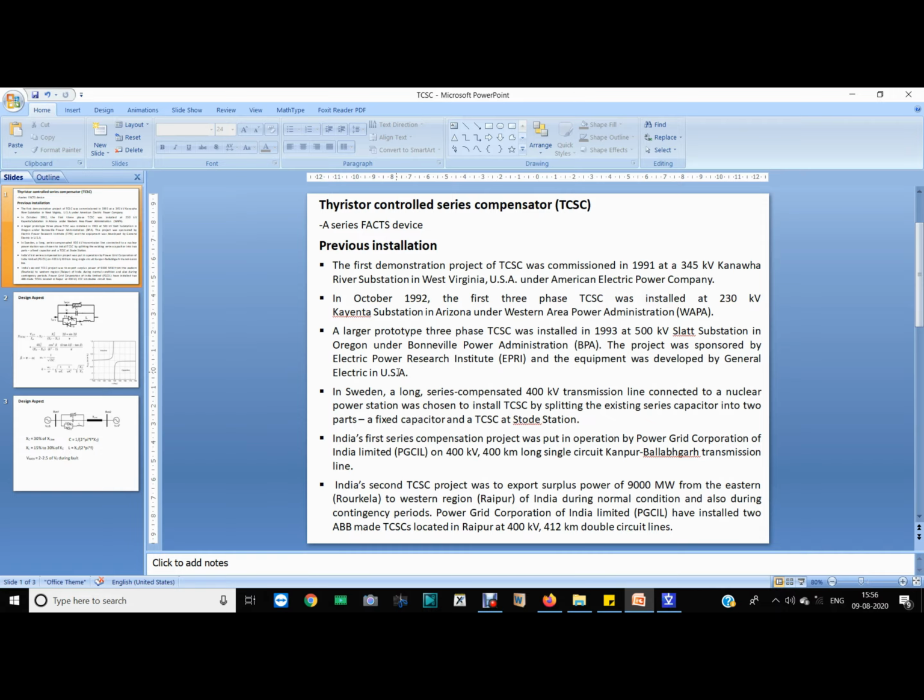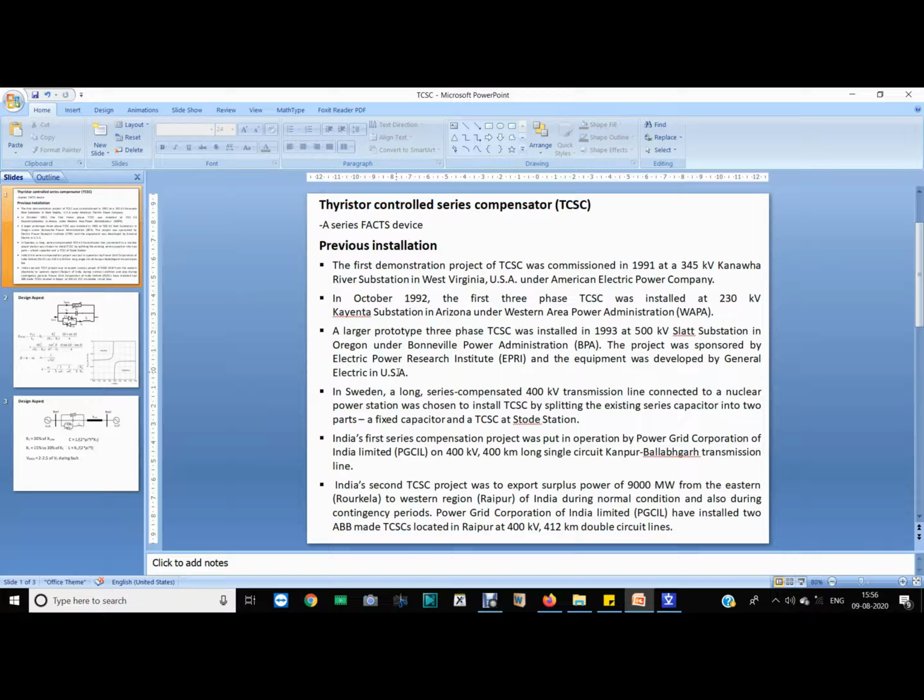In Sweden, a 400 kV transmission line is compensated by a TCSC, where the TCSC and a fixed capacitor are combinedly connected. In India, the first TCSC was commissioned by PGCIL, that is Power Grid Corporation of India Limited, in the Kanpur Ballabhgarh transmission line.